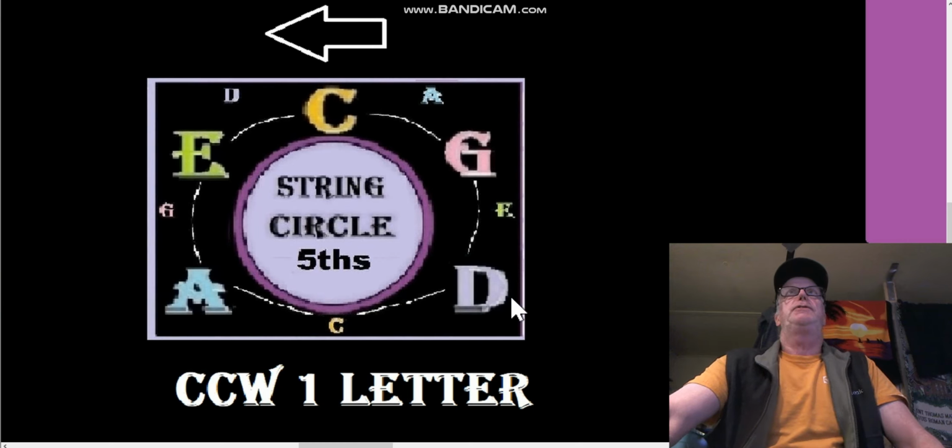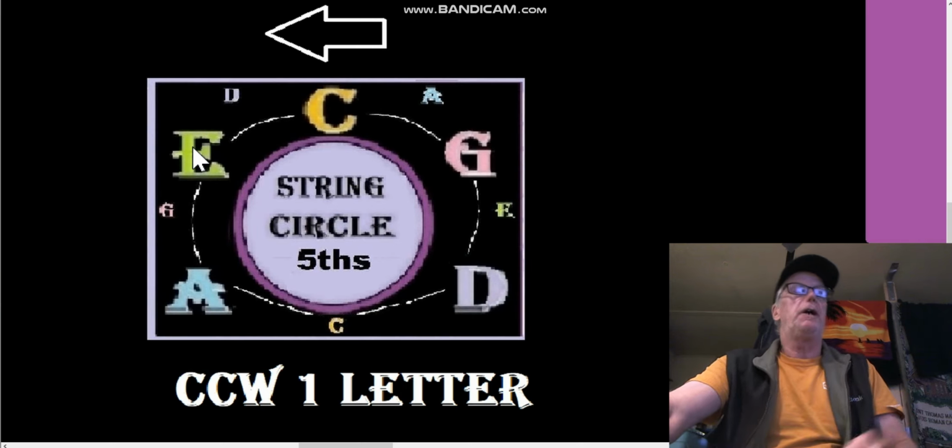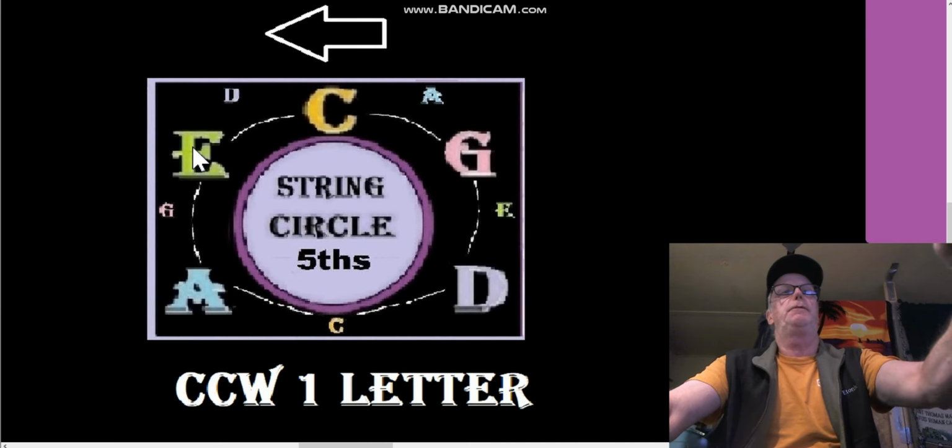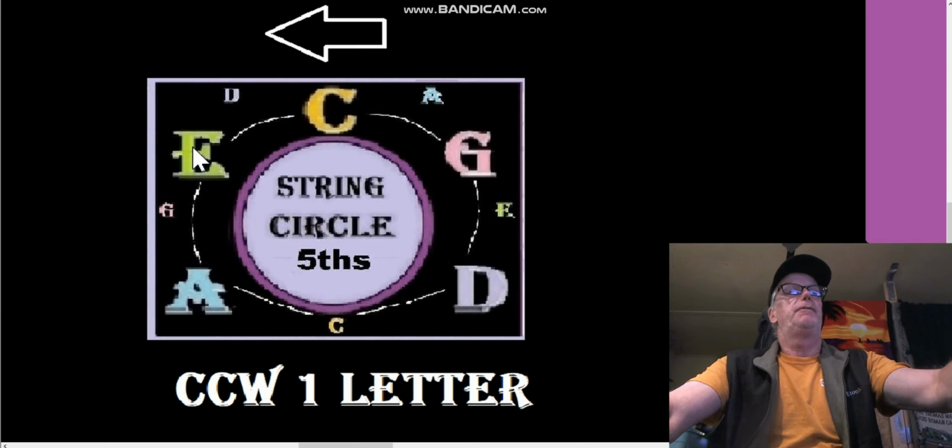We have C, G, D, A are fifths of each other, and E is the fifth of A, but then E goes to C, and C goes to E. So you can see how most of the 1-4-5 relationships are simply 1-4-5, but some of them are 1-3-5.